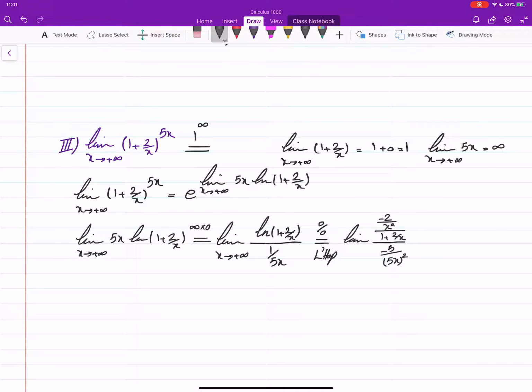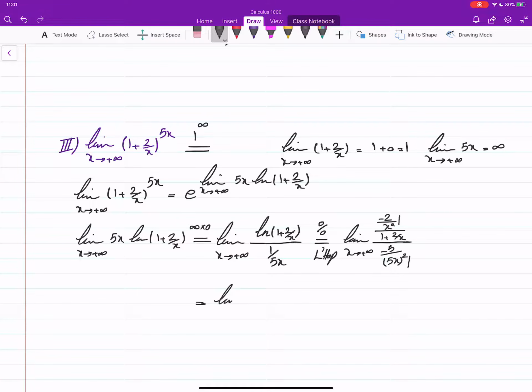Well, I need simplification. There are a lot of things going on here. So let me just do that first before we start doing anything else. Okay, first thing you see, this is the numerator of the numerator, and this is the denominator of the denominator.